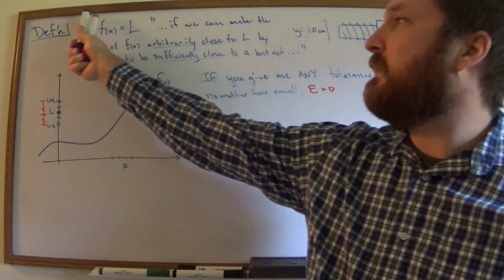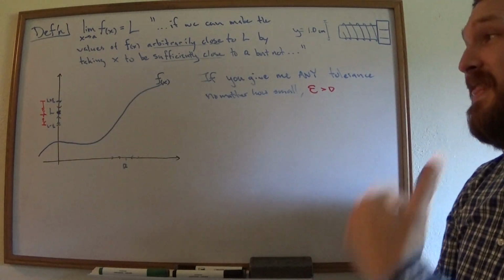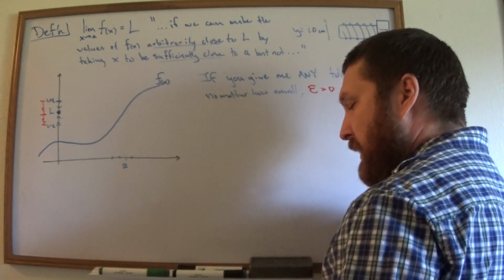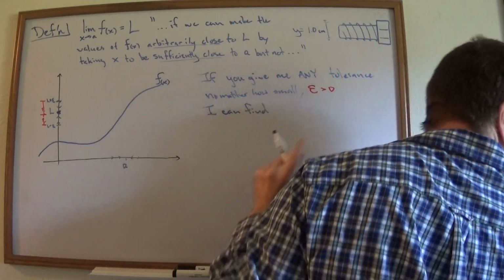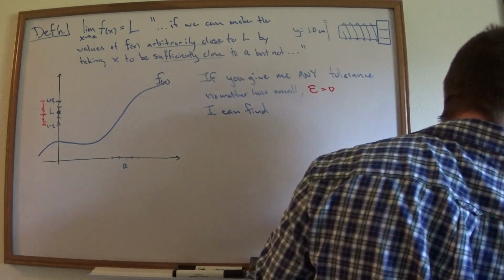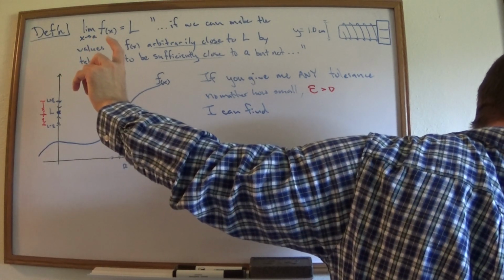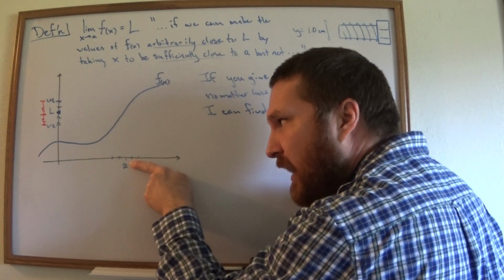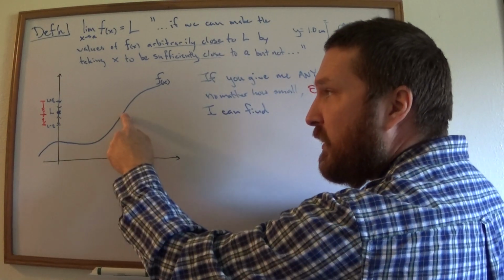This right here, this statement, the limit as x goes to a of f of x equals L, means if you give me any tolerance, no matter how small, boom, then I can find a range around A. It means that if you give me any tolerance around L, then I can guarantee that if you get sufficiently close to A, then the output is going to be within that tolerance.